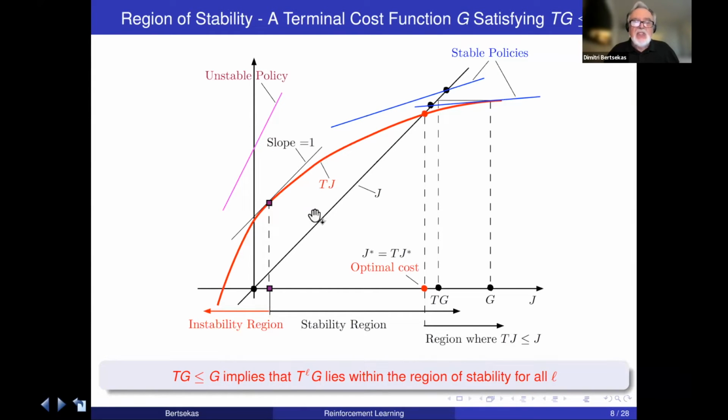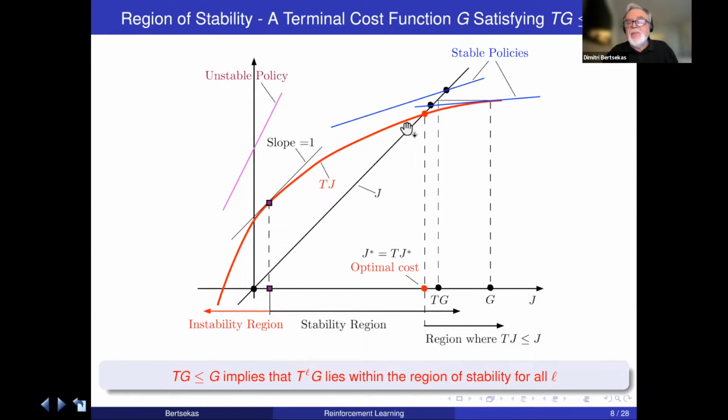So for different cost function approximations, we obtain various one step look ahead policies. And some of these policies are going to be stable and some of them are going to be unstable. Now, in this figure, you can see that the ones that are stable are the ones that correspond to cost function approximations that are to the right of this threshold point. And this threshold point corresponds to the slope here being equal to 1.